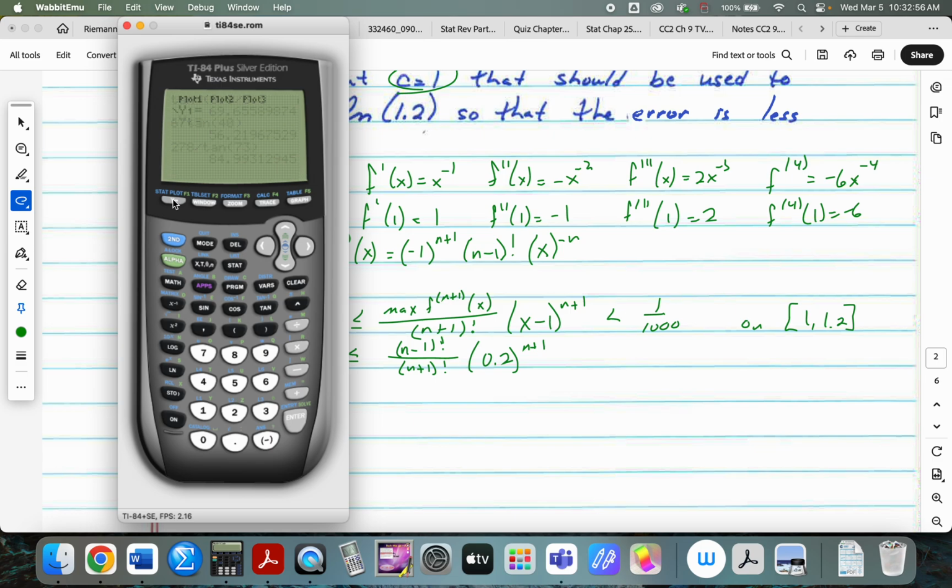So in y, I'm going to put n minus 1 factorial, so x minus 1 factorial over x plus 1 factorial. Oops, forgot the parentheses.